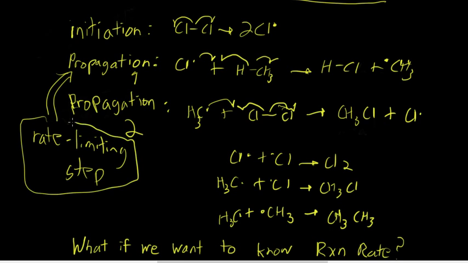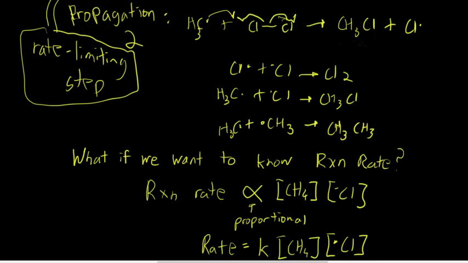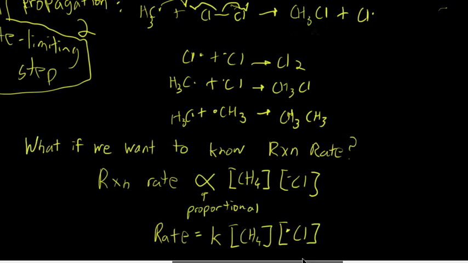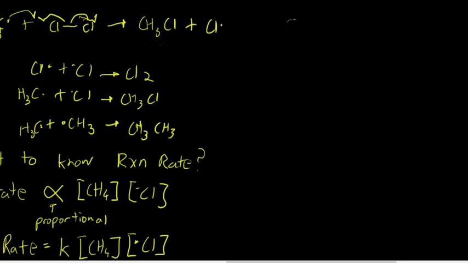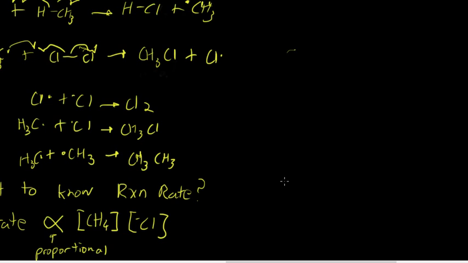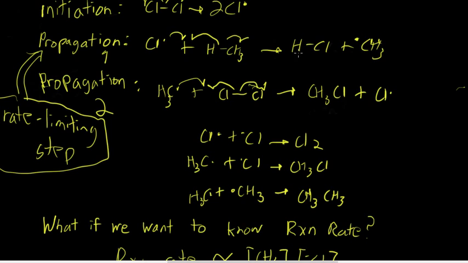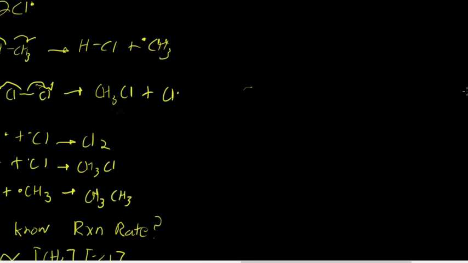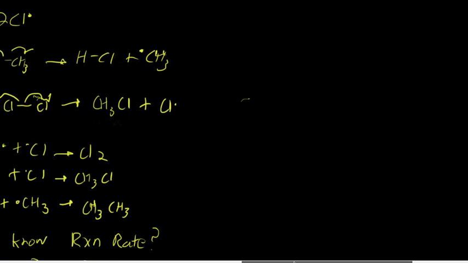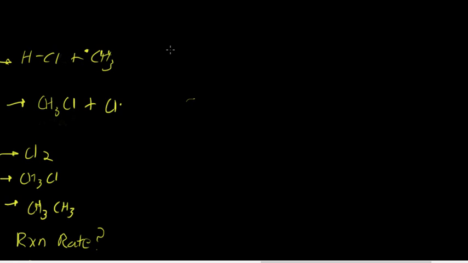Okay, so let's draw a reaction coordinate diagram for propagation step 1. And that's a step where you get the methyl radical, right? So this is propagation step 1. Chlorine radical reacts with methane to furnish methyl radical and hydrogen chloride. So we write the reaction coordinate diagram.